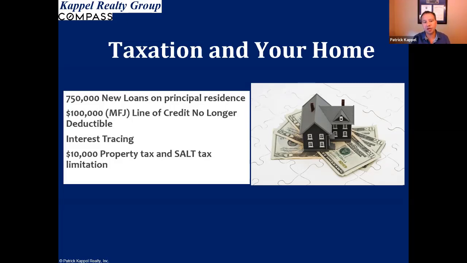If you're going to cross that line and start going into interest tracing, the definition is pretty much tracing the loan that you took out and the uses of that loan. Tracing the interest, tracing the uses of it. If you're going to start to go down that route, you definitely want a CPA assisting you with your taxes.